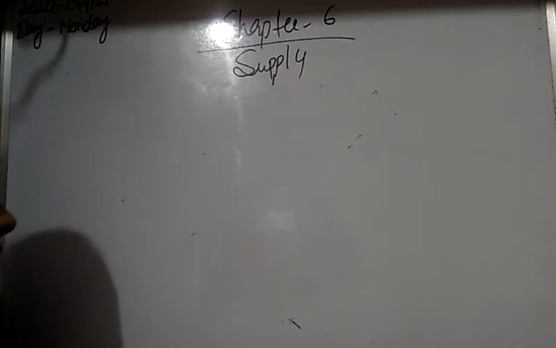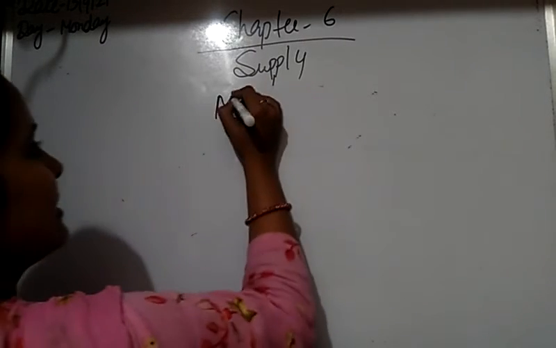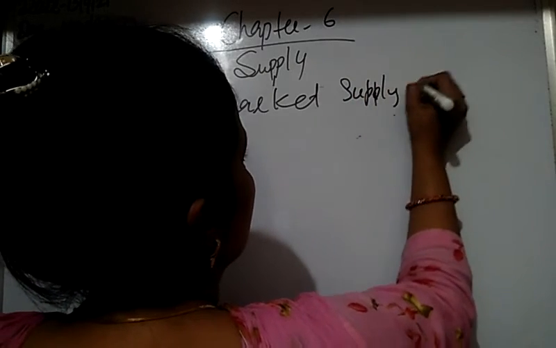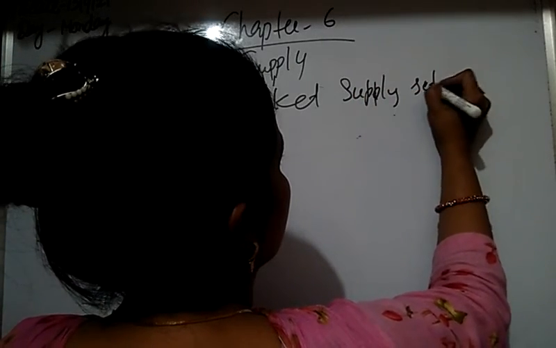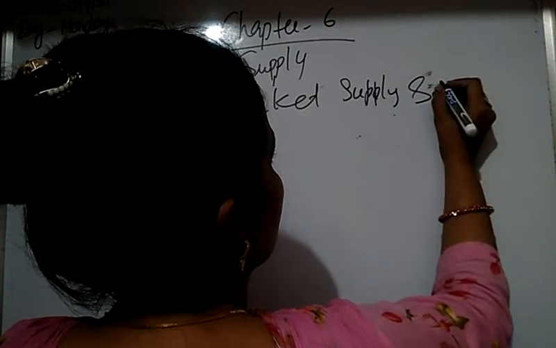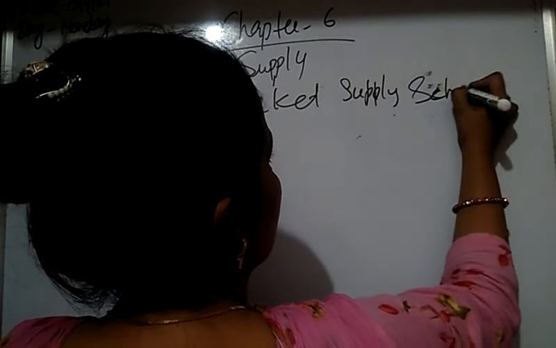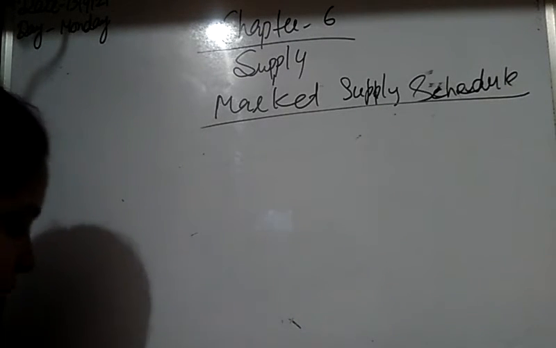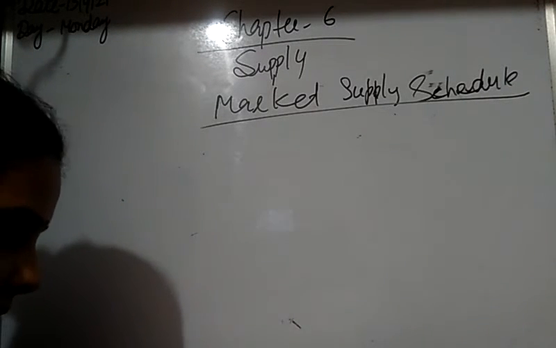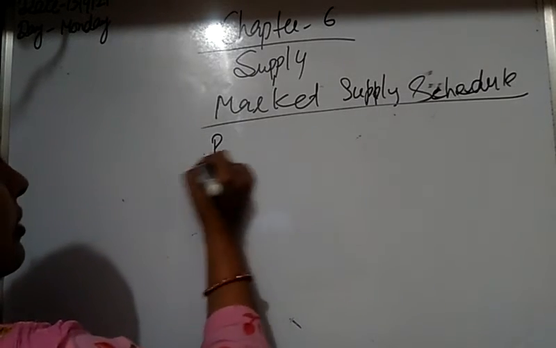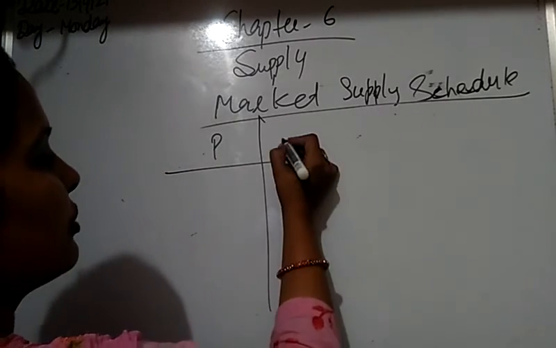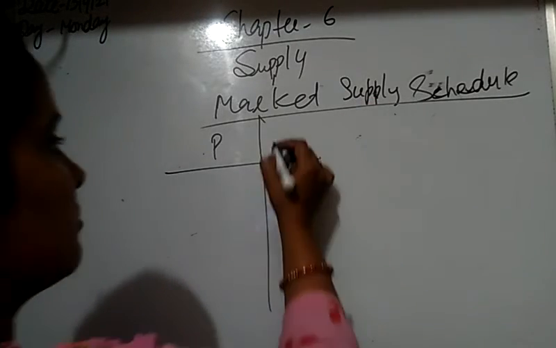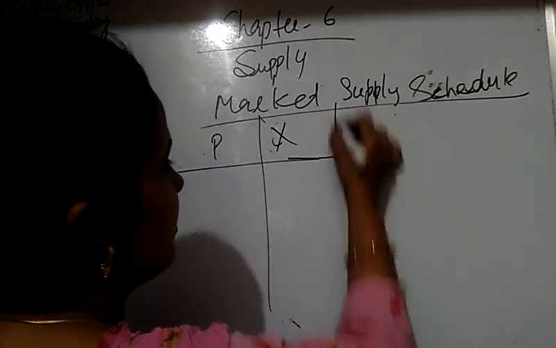Now we are understanding market supply schedule. Students, in a market supply schedule, price is there, and a number of commodities are there which are sold by a number of firms, like X commodity and Y commodity.